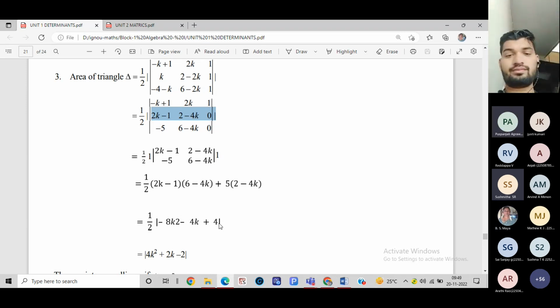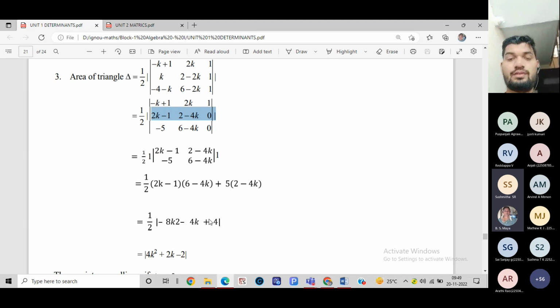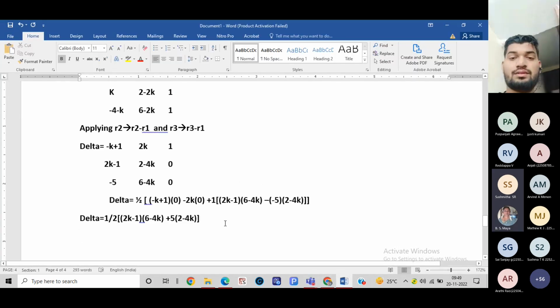Can you explain in detail, ma'am? You want detail? Okay, no issues. Whenever I'm simplifying this one, delta is equal to, this is outside 1 by 2. Don't worry about that one.